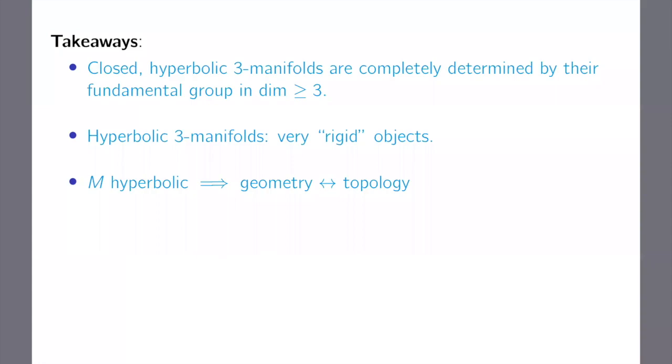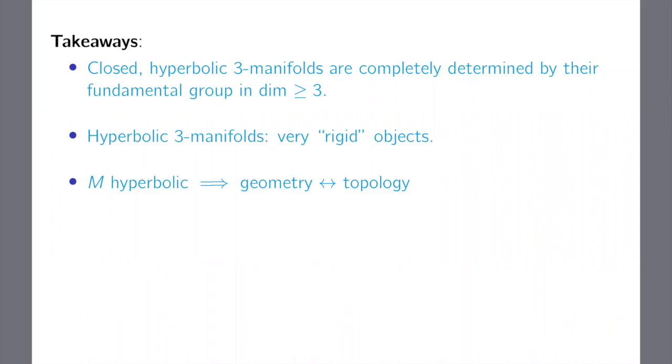Okay, so what are some takeaways? Closed hyperbolic 3-manifolds are completely determined by their fundamental group in dimensions greater than or equal to 3. Hyperbolic 3-manifolds are very rigid objects. And for hyperbolic manifolds, the geometry interfaces with topology in a way we've never seen before. In fact, the topology determines the geometry, and things we think about as related to geometry, like volume, become topological invariants.